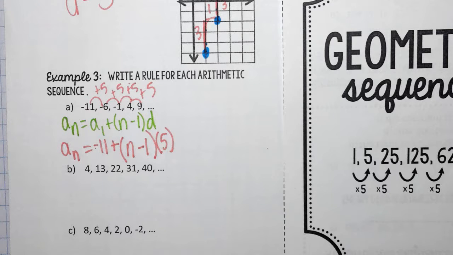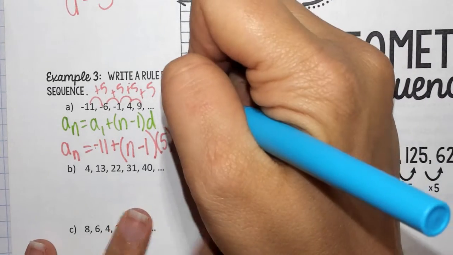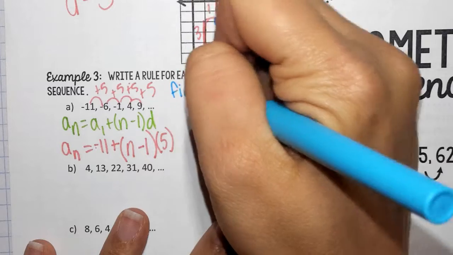Where A is our first number. And you minus 1. So it's always going to be n, unless I tell you to find a term, which is what we're about to do. If it asks you to write a rule, this is what you do. And however much it is increasing by, that's your d.